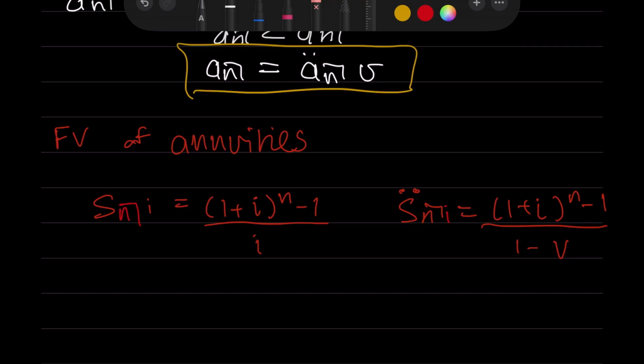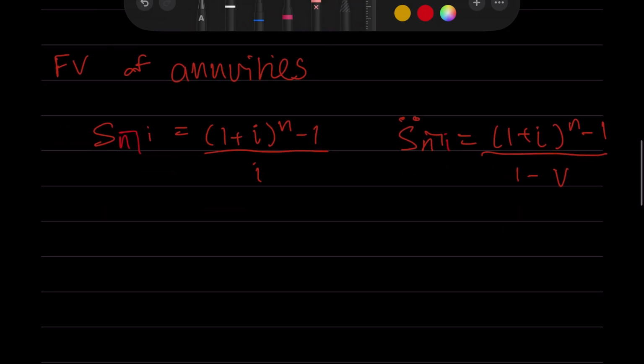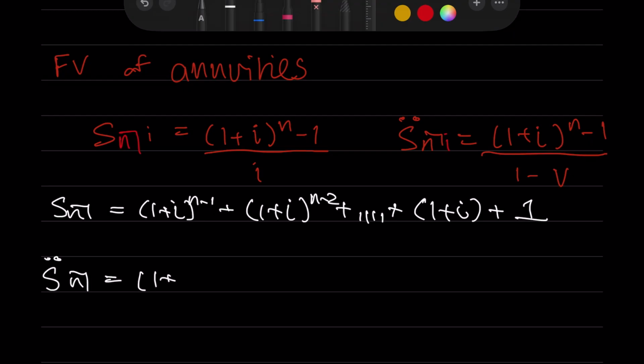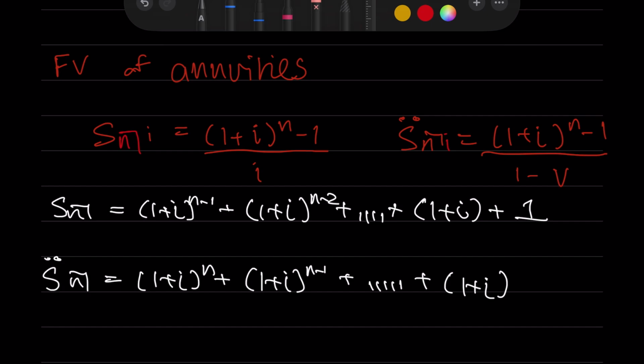It looks a bit complicated, but it's okay, you'll be fine. Something worth mentioning, this one here would be 1 plus i to the power of 0.